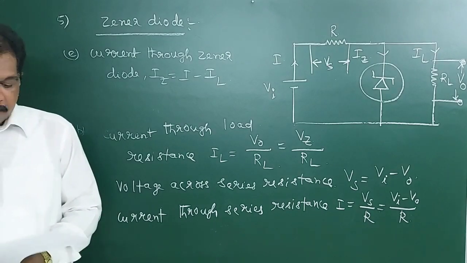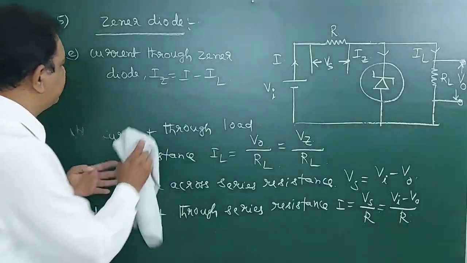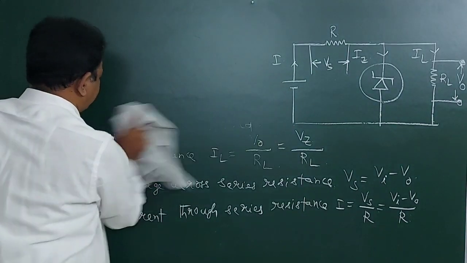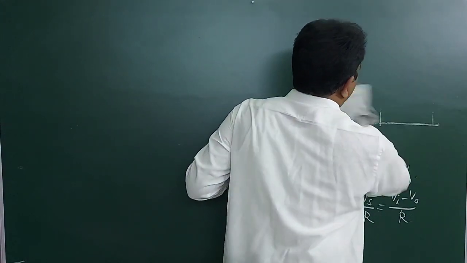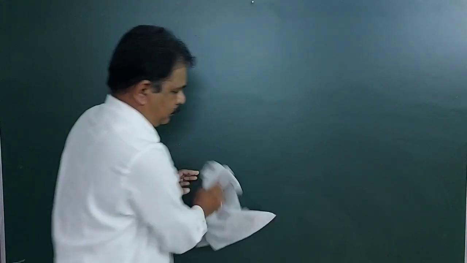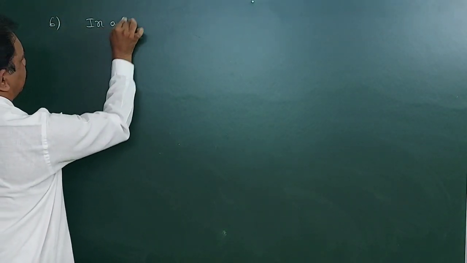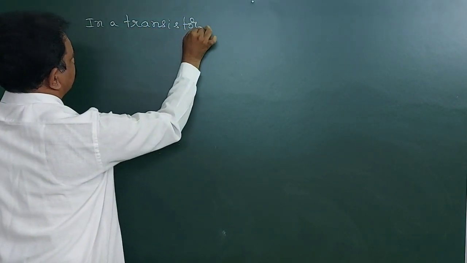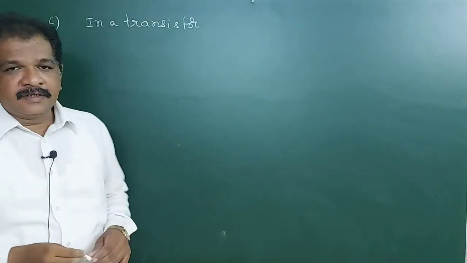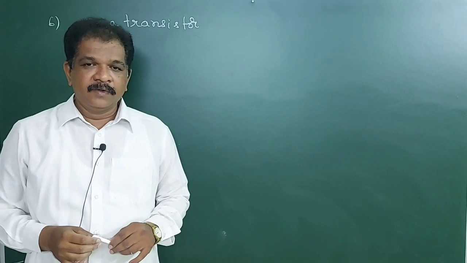Okay. Next we will discuss the transistors. Sixth, in a transistor, you know, a transistor has three terminals: emitter, base and collector.